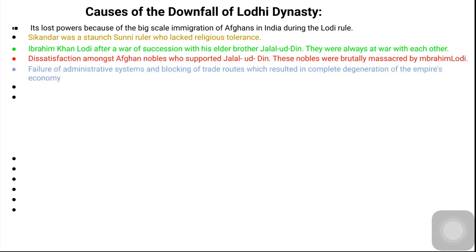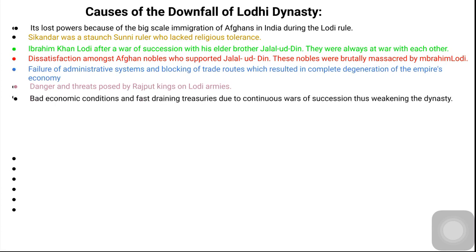Ibrahim Lodhi. Failure of the administration system and blocking of the trade routes, which resulted in complete degeneration of the empire's economy. Then, danger and threat posed by the Rajput kings on Lodhi arms.